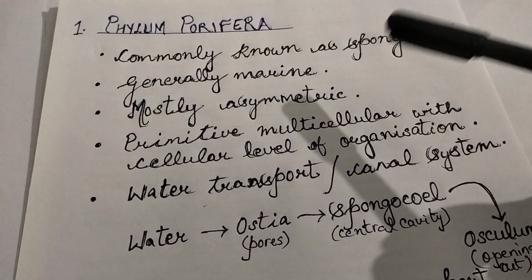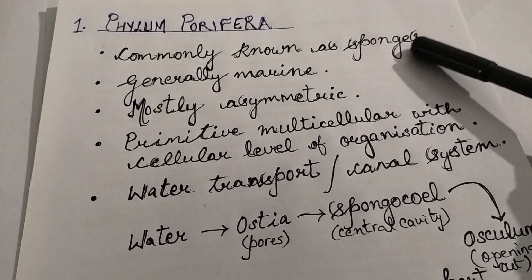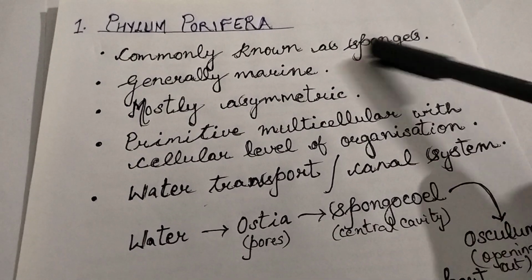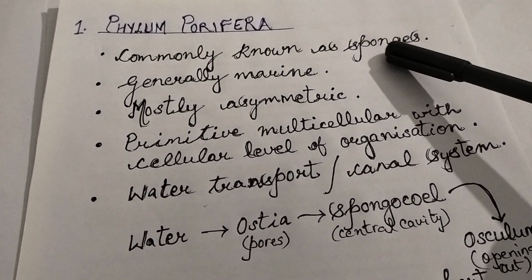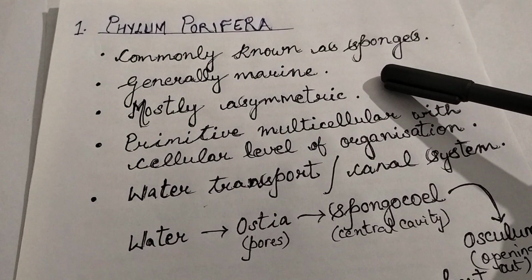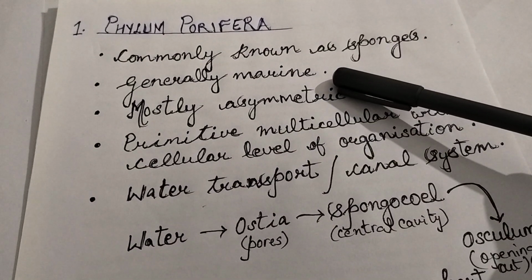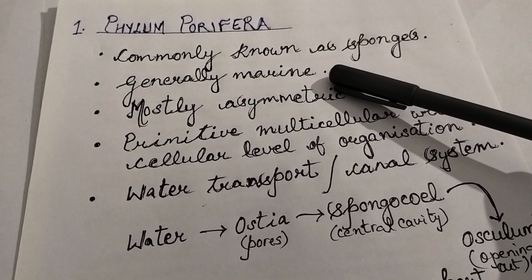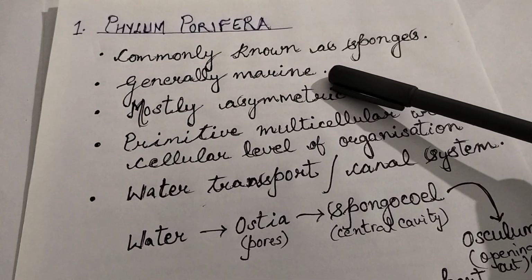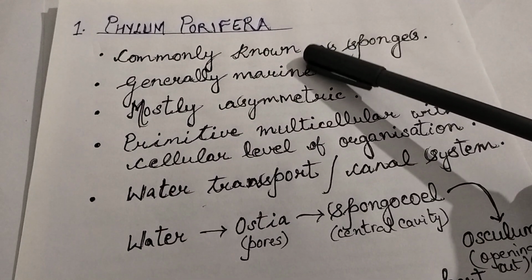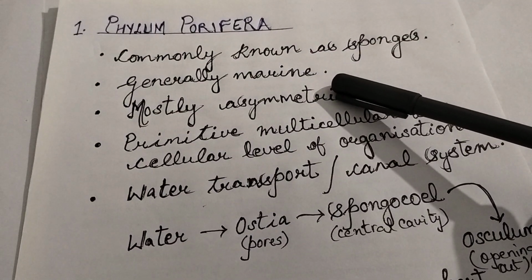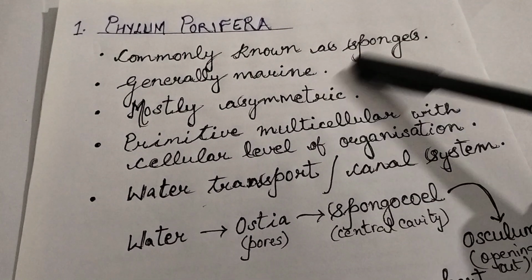Members of Phylum Porifera are commonly known as sponges. All the poriferans are known as sponges commonly. They are generally marine. They are found in seawater. They are the very first phylum, and you know the first and foremost forms of life are in water.